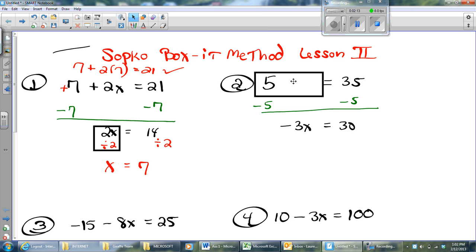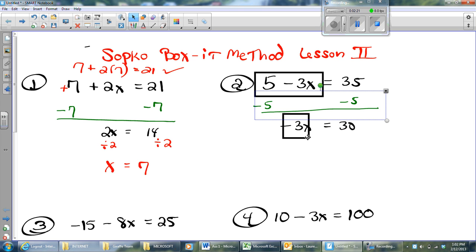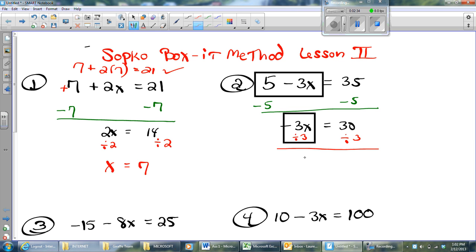Okay, if you don't know where that came from, remember there's the negative 3x. And now I box this guy. Make him a little bit bigger. There we go. I need to divide by 3. And then x is going to equal, oops, I've made a small mistake.